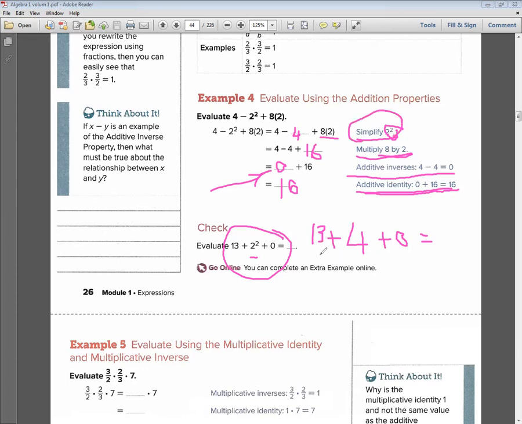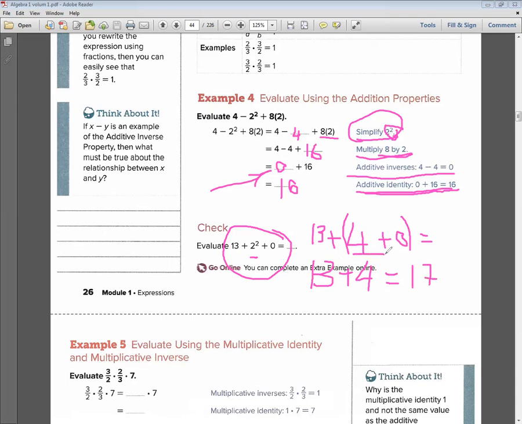Second step, I see here 13 plus 4 plus 0. 4 plus 0 is 4, and we have 13 in the beginning. 13 plus 4, the sum is 17.